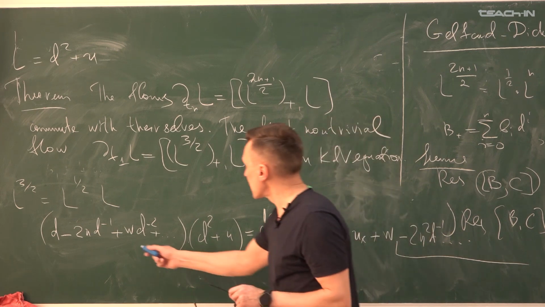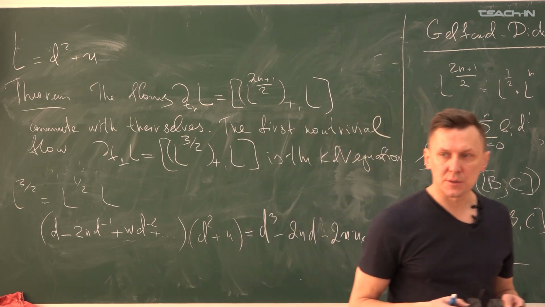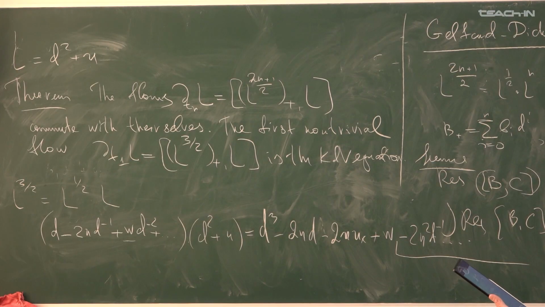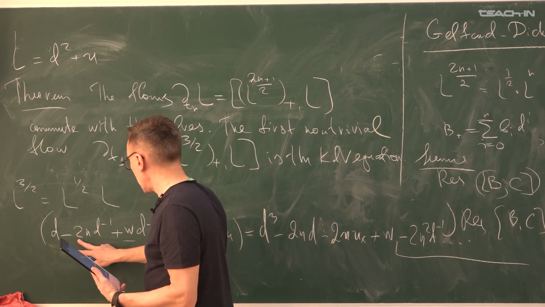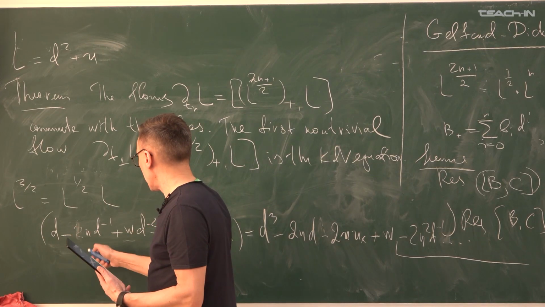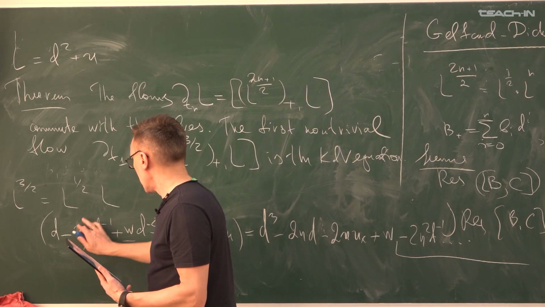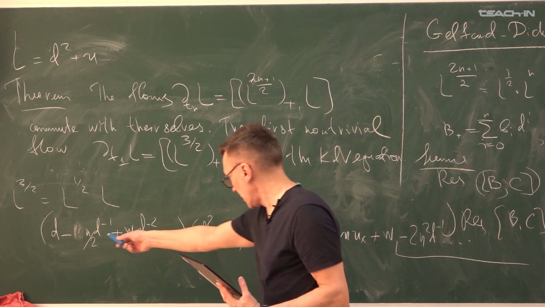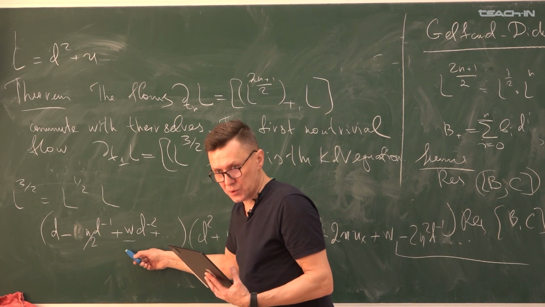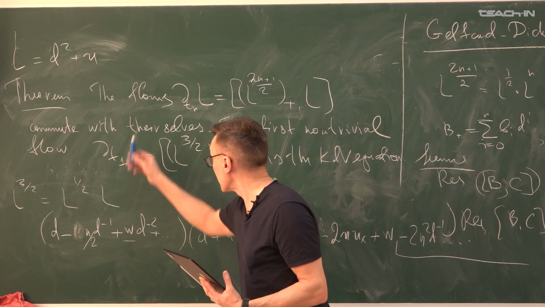So could we calculate this coefficient? I have notes there. This is not 2u, but u over 2. Let us verify. Let us calculate the first two terms in the square root of L.